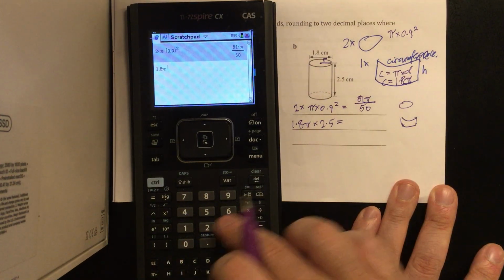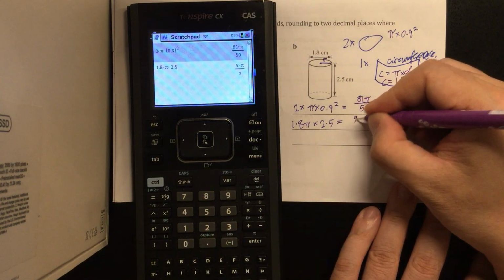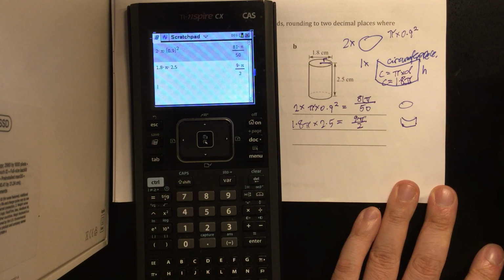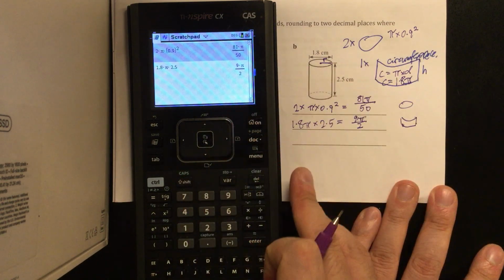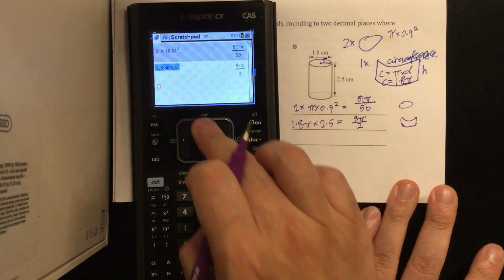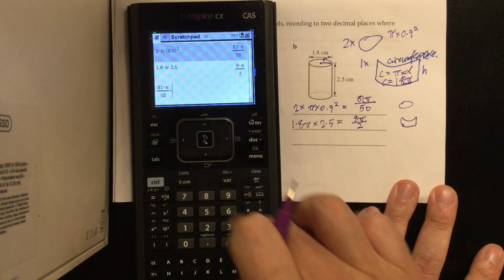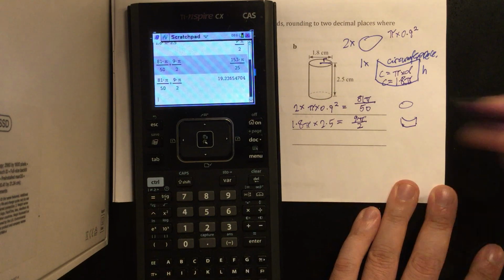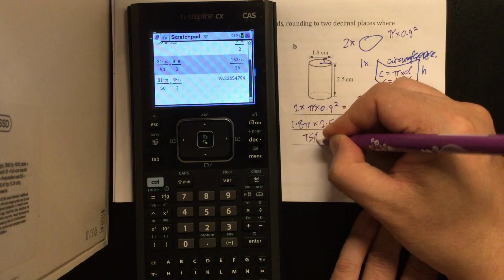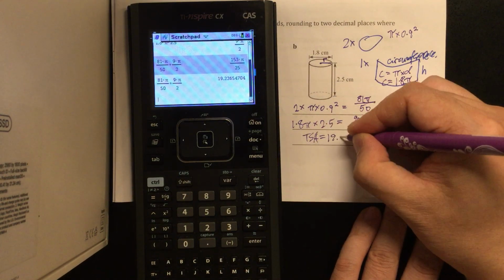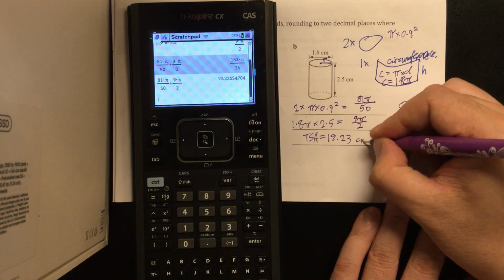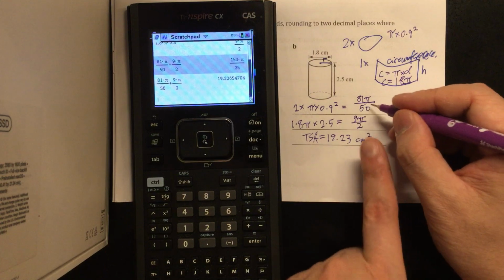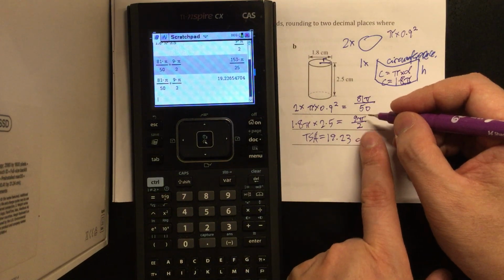You get 9 pi over 2. And what do you do next? You add the 2 together. How do we do this? Run plus run, control enter, boom, done and forget. Total surface area 19.23 centimeter squared. The working is shown, and most importantly, we left it in exact values.